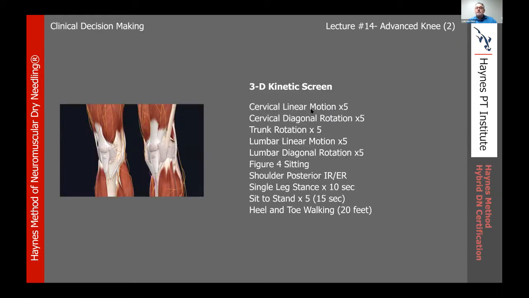I'm going to minimize my picture there. All right. So as always, whenever we're dealing with a patient subject, what we want to do is perform a functional movement screen, or what I call a 3D kinetic screen. A lot of different ways of doing this out there. I like the one that I've developed. Others are geared more towards an athletic population, and nothing wrong with that in your athletes.